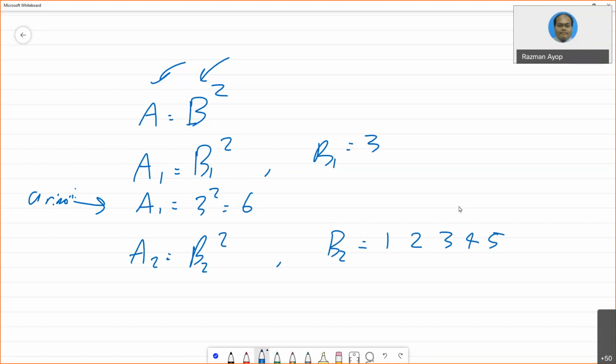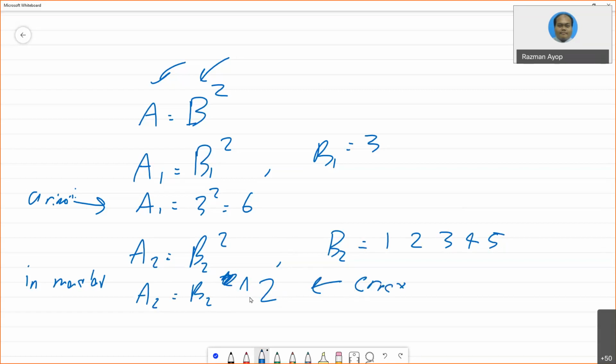So when you want to write this in MATLAB, if A2 equals B2 squared, you put the B2 and then 2. In MATLAB, it will error.